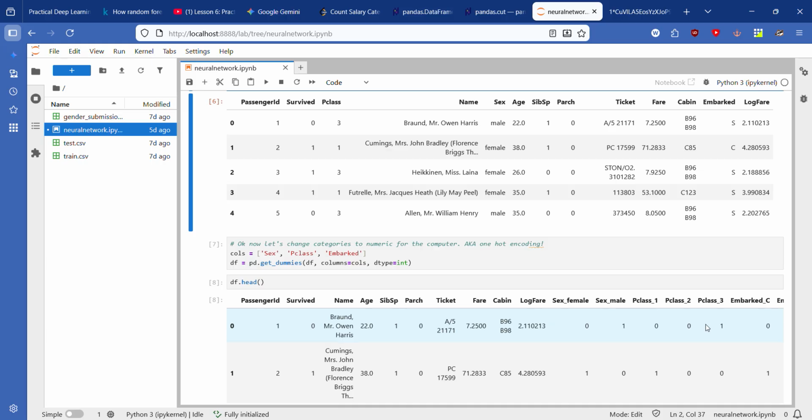We couldn't just do 0 or 1. Or actually, I take that back. You might think, oh, why not do 0, 1, 2? And the reason for that would be that if we put all the numbers in one column, it would kind of close off the ability to manipulate the data as much.